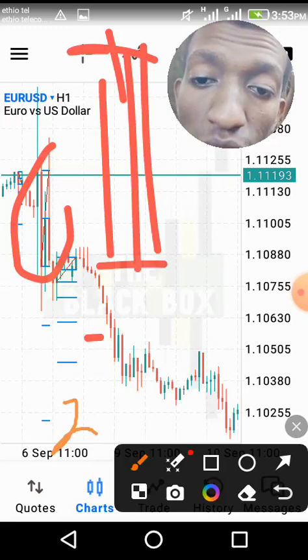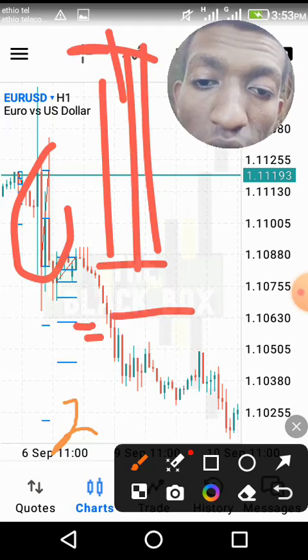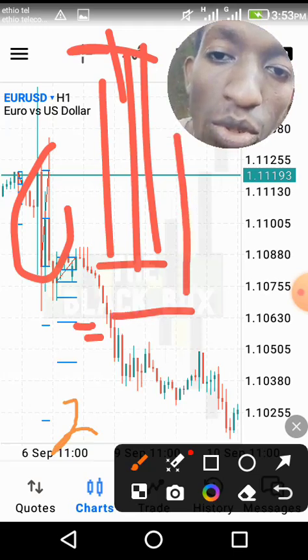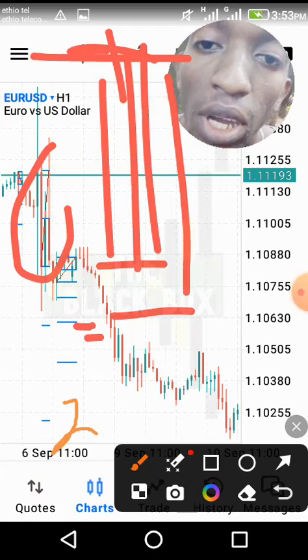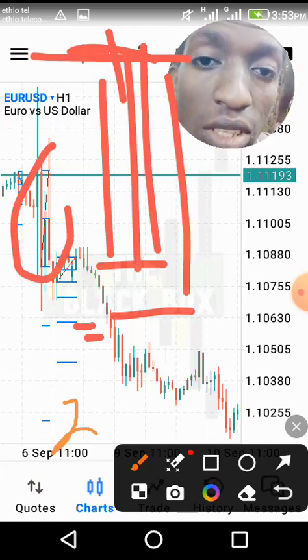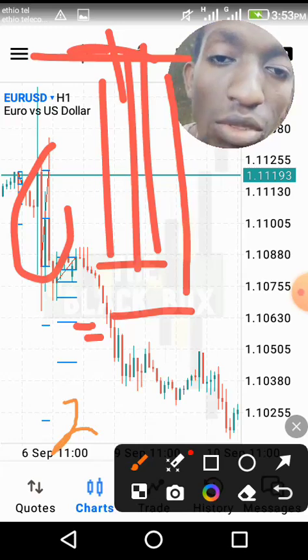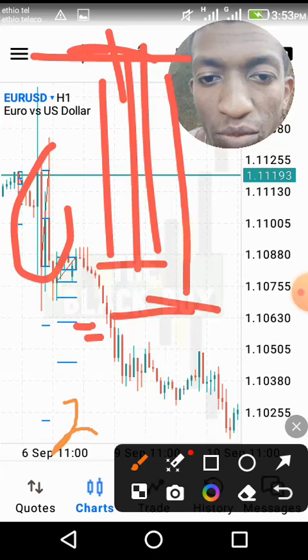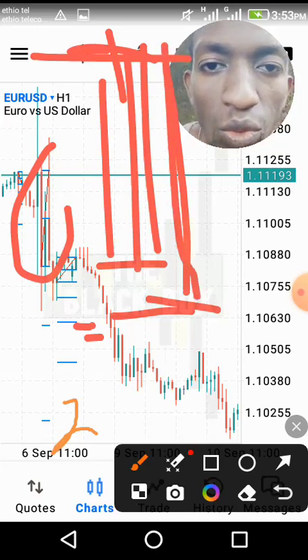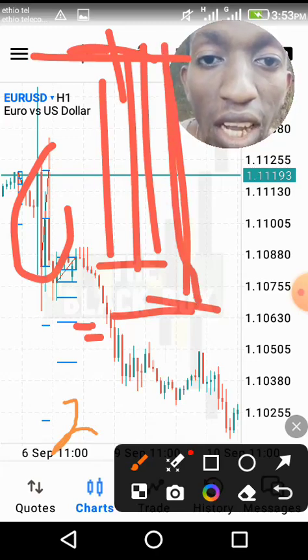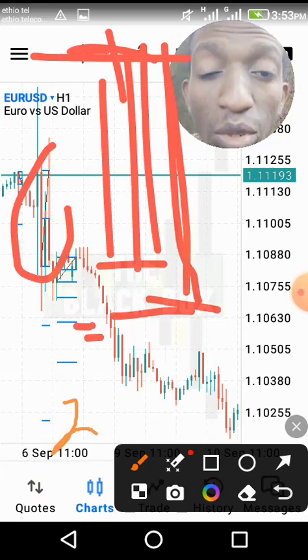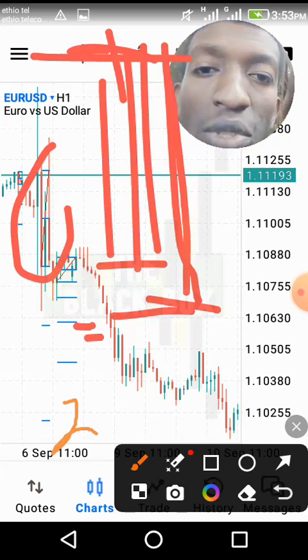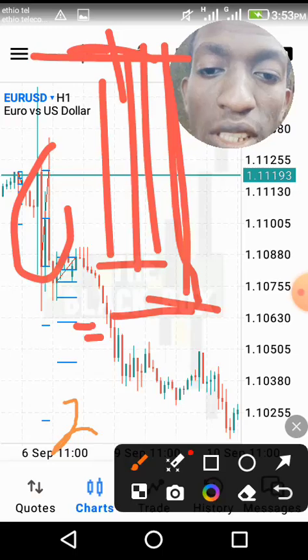Mind you, it broke this, right? You enter this and look how far above there your stop loss must be. There is no joke. You cannot put a stop loss that is this wide, this high, because you'll be out of business in a single day.